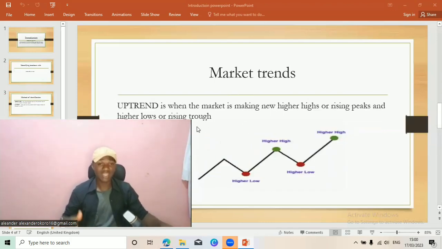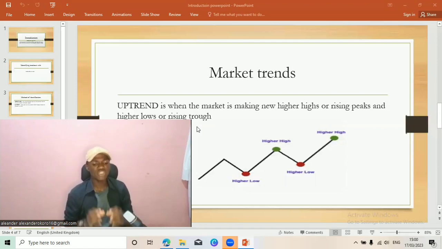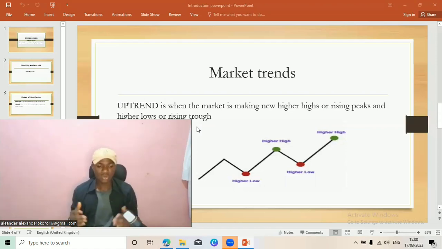Now, when you talk about market trends, it simply means the movement of the market using candlesticks. Okay, now we have uptrend, and uptrend is when the market is making new higher highs and new higher lows, all right? Or otherwise you can call it rising peak or rising trough. Now look at what I mean.